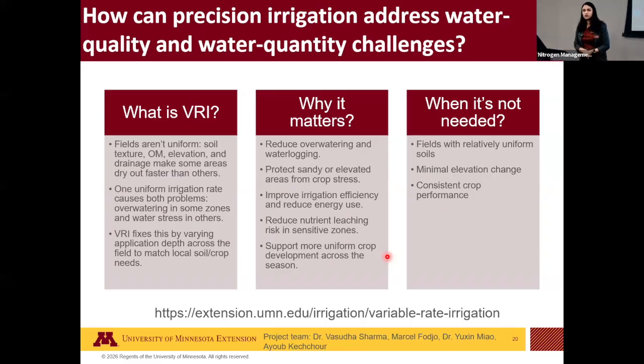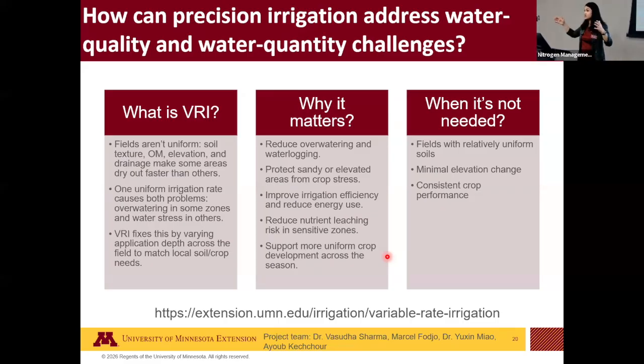All right, so now I talked about the problems that we have. How can precision irrigation, which is essentially variable rate irrigation, address these problems of both water quality and quantity? So what is VRI? VRI is variable rate irrigation, and you all know that all fields are different, and within-field variability exists, right? There are spots in the field where we have heavier soil.